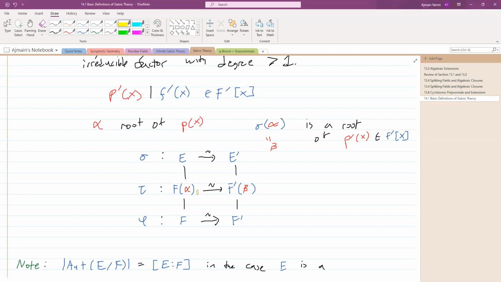And conversely, for any beta a root of p prime of x, there exist extensions tau and sigma giving such a diagram. So we just need to count the number of diagrams that look like this.